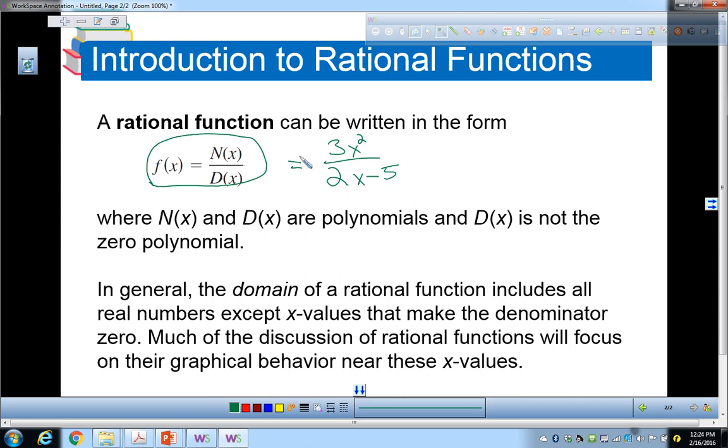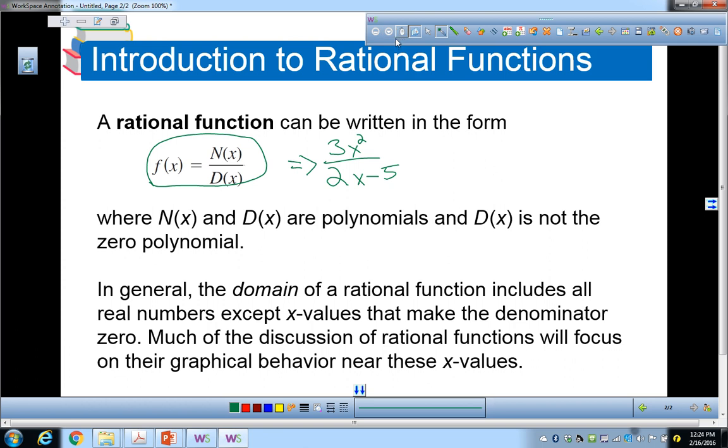That's an example of a rational function, where n of x and d of x are polynomials, and d of x is not the zero polynomial. So you can't have 0 down here.